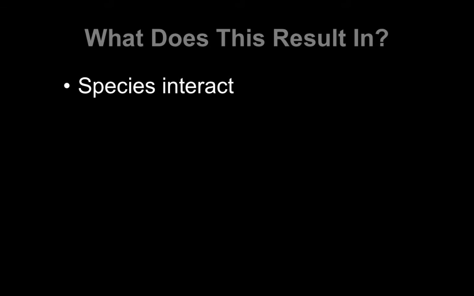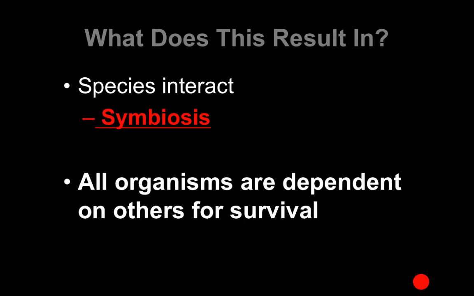And this means that all these species are going to be interacting with each other. And this is called symbiosis. And it also means that all organisms are dependent on each other for survival, whether it be to get food or to provide some service.